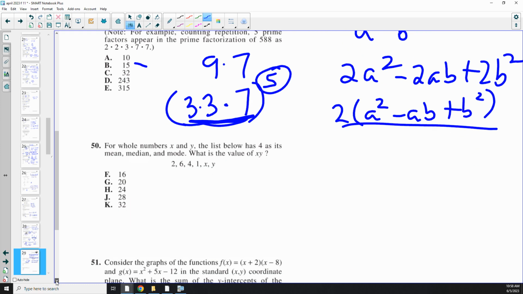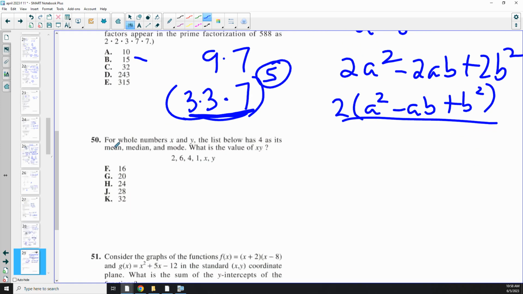Oh, the mean, median, mode people are going to love me. Here's a great chance to practice. For whole numbers, the list below has 4 as its mean, median, and mode. So they're looking for the value of x times y.